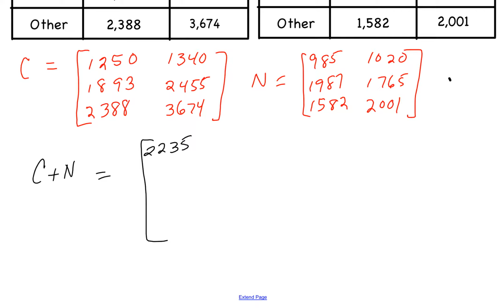Then we're going to add 1893 and 1987, and we get 3880. Then 2388 plus 1582, and I got 3970. And then over to column 2, we have 1340 plus 1020, and I get 2360.